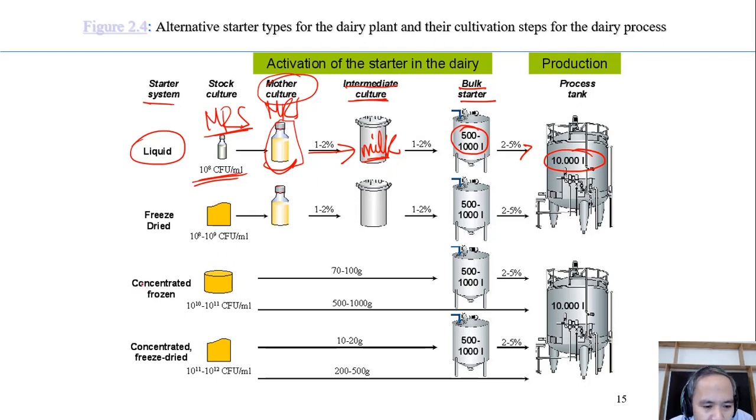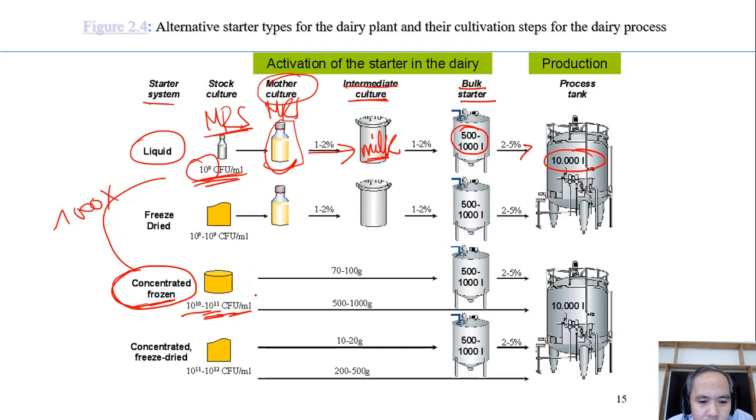But for example, if you start from concentrated frozen starter culture, this one has 10 power 10, 10 power 11 CFU per milliliter. This one only 10 power 8. This one is 10 power 11 CFU, meaning 1,000 times more than this form. And then you don't need to multiply or grow in many steps.